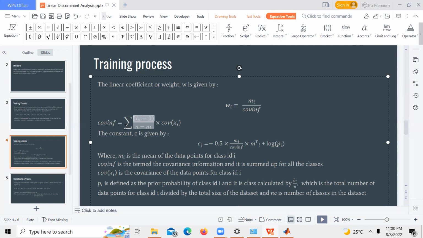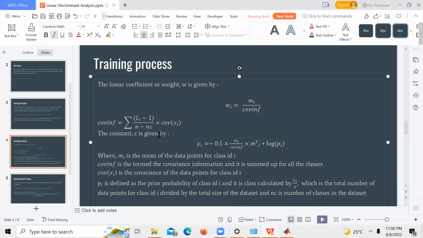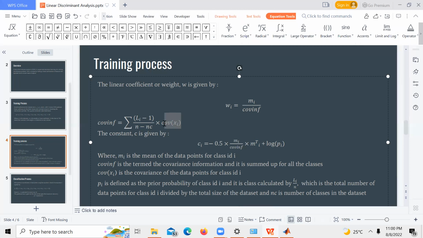So in my data set, which I define as the Iris data set, 150 records, 50 for each class. Then if I'm going to find the covariance information, I have to look through the 3 classes. For each class, I get Li, which is 50 for that particular class, minus 1 over the total number of records, 150, minus NC, which is 3. Then I look for the covariance matrix for Xi.